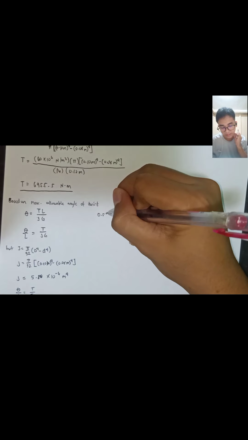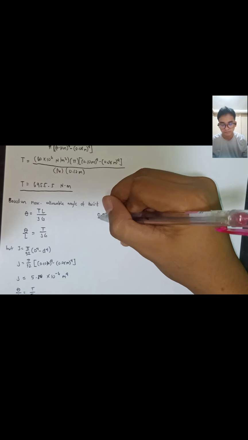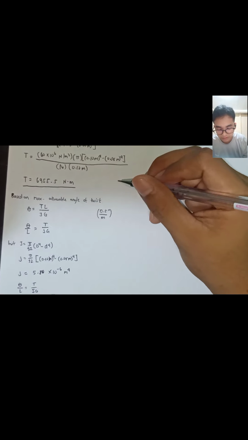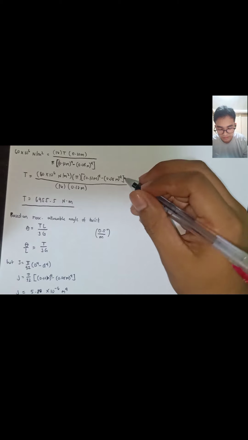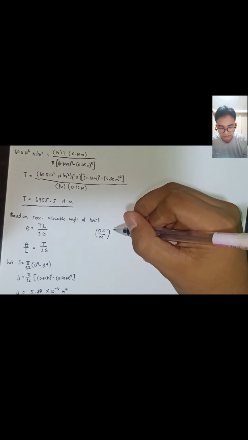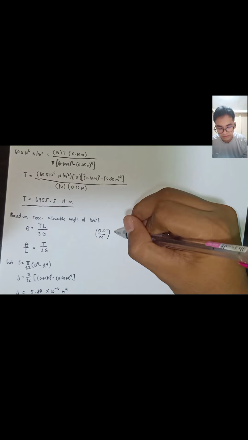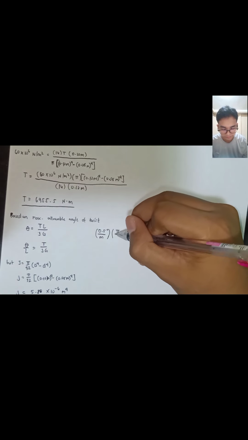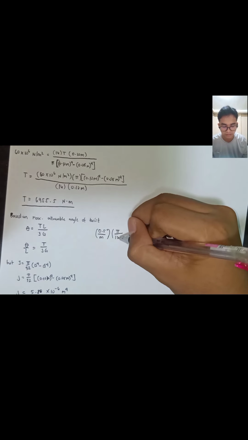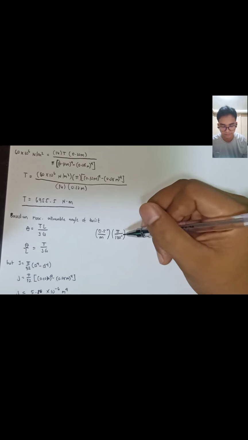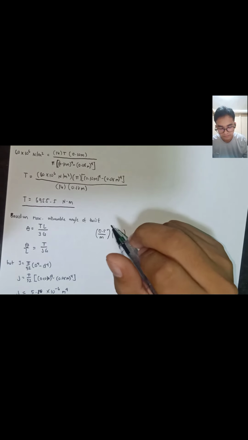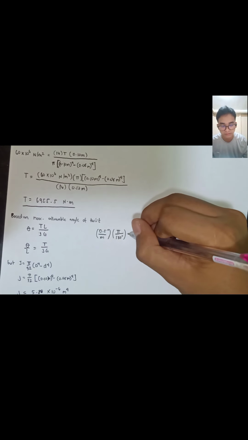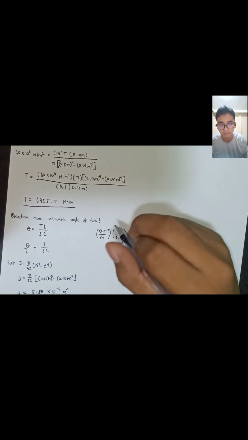Since radian ang kailangan natin dito, i-convert natin siya using pi over 180 degree para makuha natin yung unit na radian, equals T. T is torque or twisting moment. Yun ang hinahanap natin dito sa problem na to.